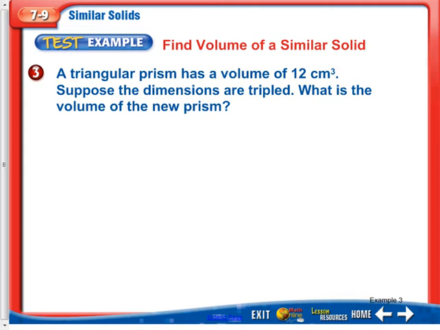So looking at the next one, it says find volume of a similar solid. So a triangular prism has a volume of 12 centimeters cubed. Suppose the dimensions are tripled. What is the volume of the new prism? So if they're tripled, I could think of the dimensions.